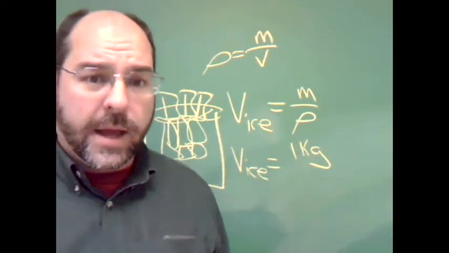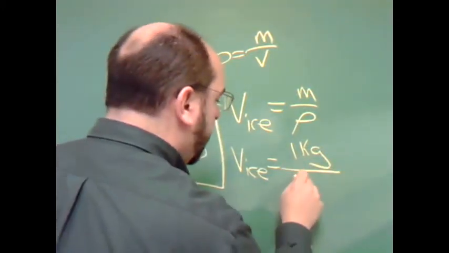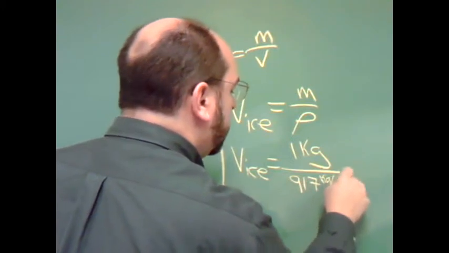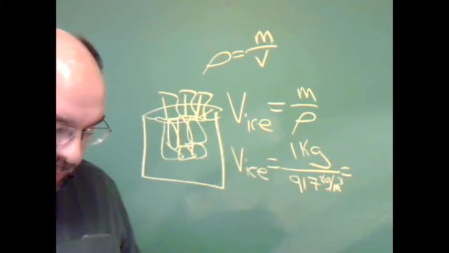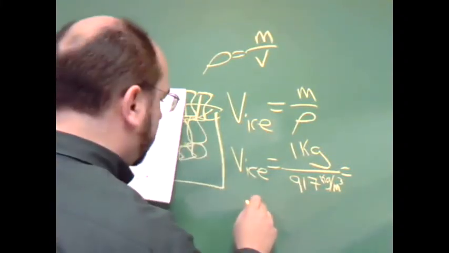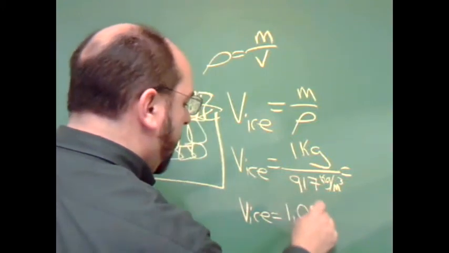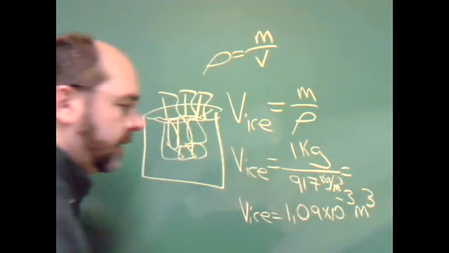All right, it's a huge glass of water. Deal with it. If we have 1 kilogram of ice, the density of ice is 917 kilograms per cubic meter. That's going to be a volume of ice of 1.09 times 10 to the negative third cubic meters.